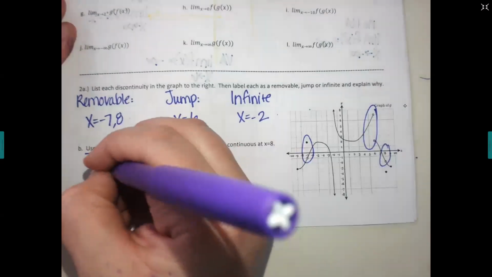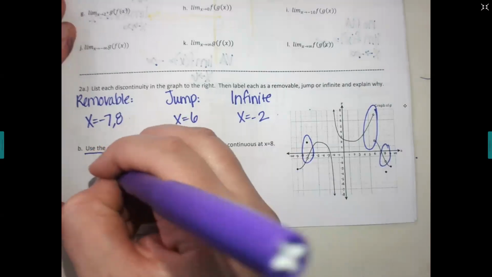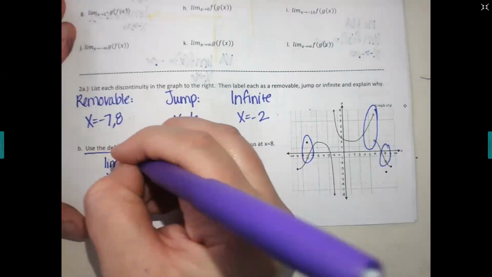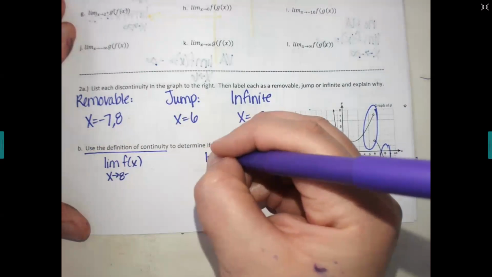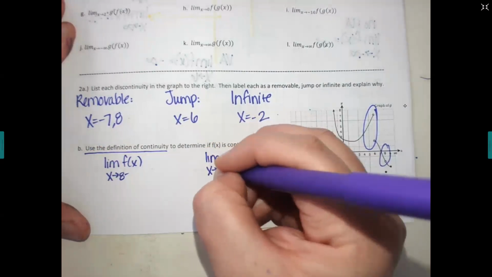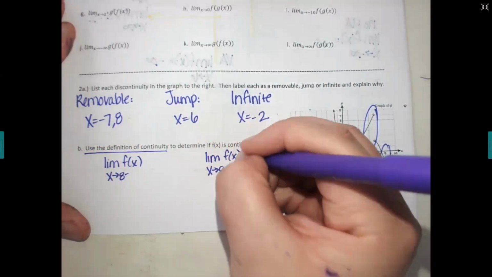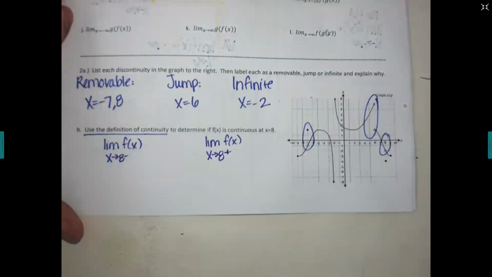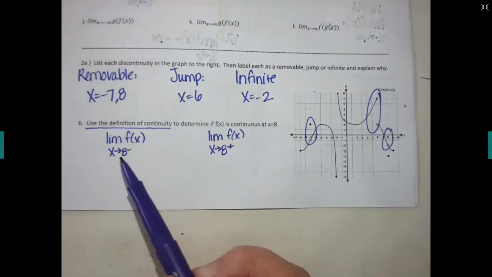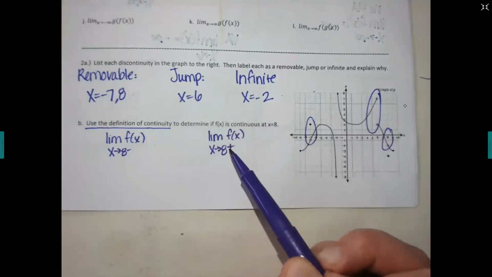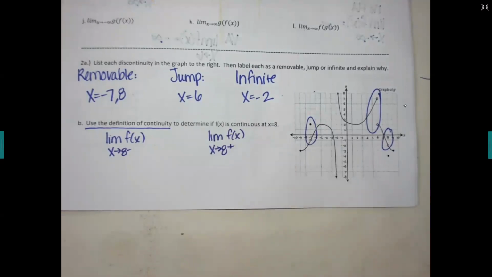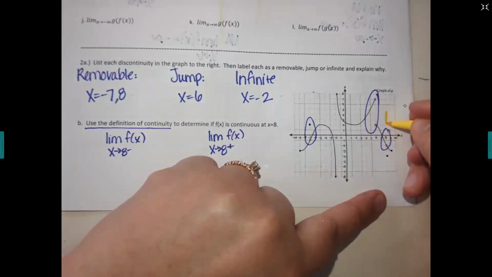The limit as x approaches 8 from the left, and the limit as x approaches 8 from the right. Remember that for a left only limit, you put a little minus sign. For a right only limit, you put a little plus sign. Then look at your graph at 8. 8's gonna be here.